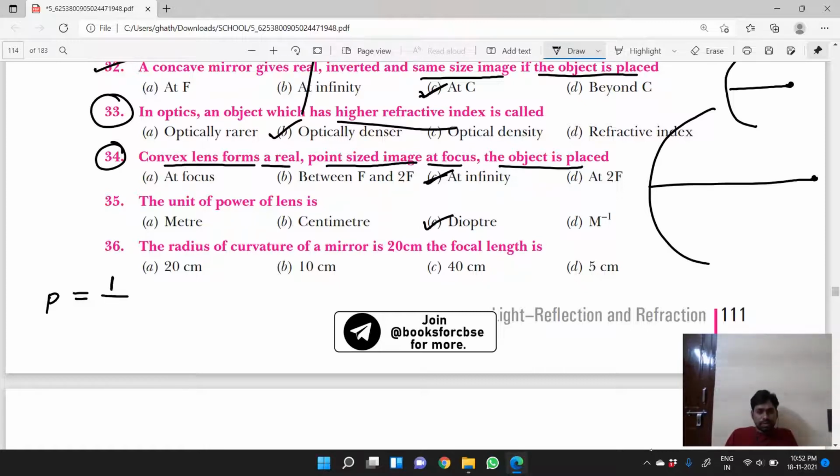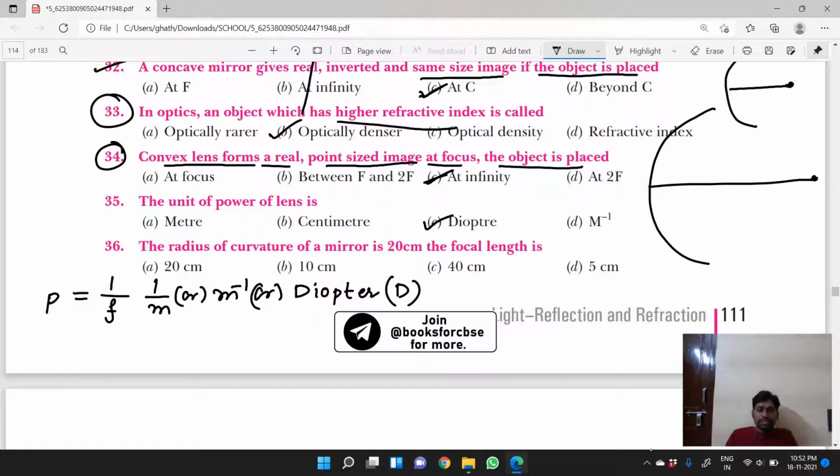Focal length is measured in meters, so 1 by meter, or meter inverse, is called diopters, denoted with a capital D.